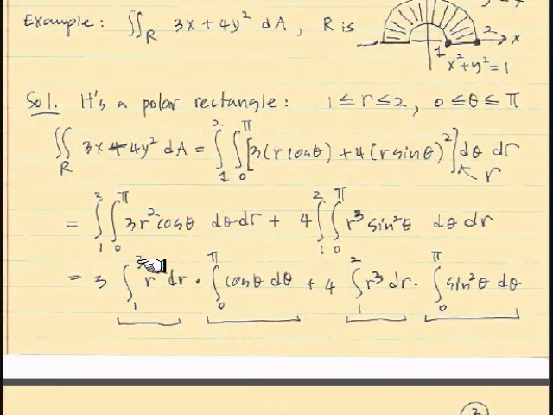Sorry, this is supposed to be 2, I copied it wrong, and r squared, and 0 to pi. These separate nicely, so you can easily write this double integral in terms of one-variable integrals.